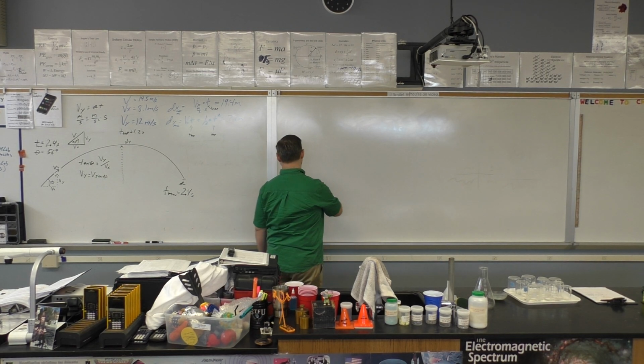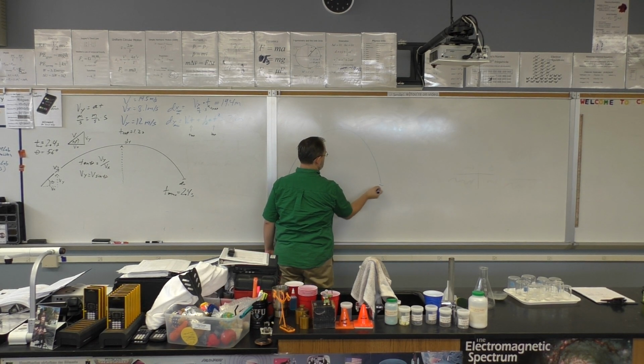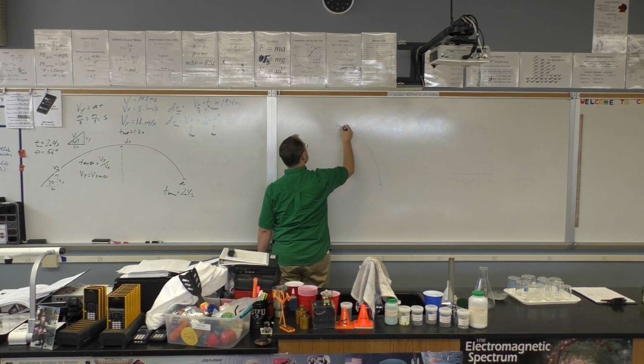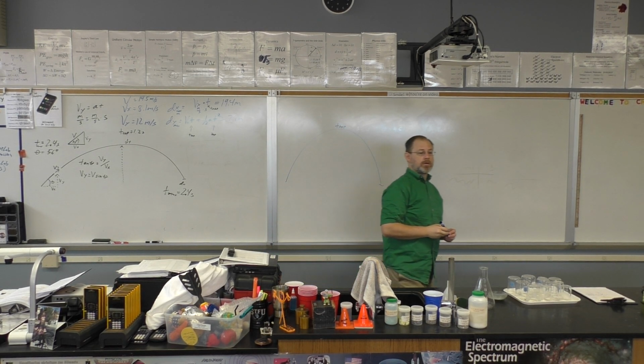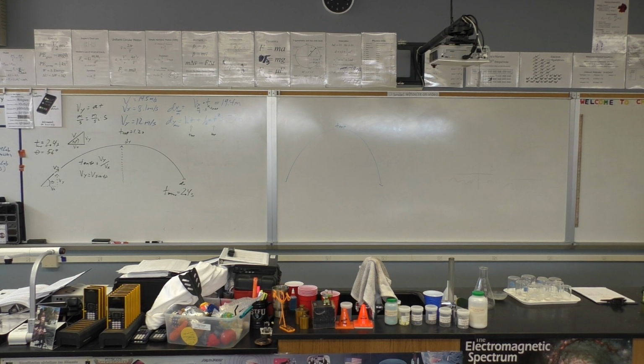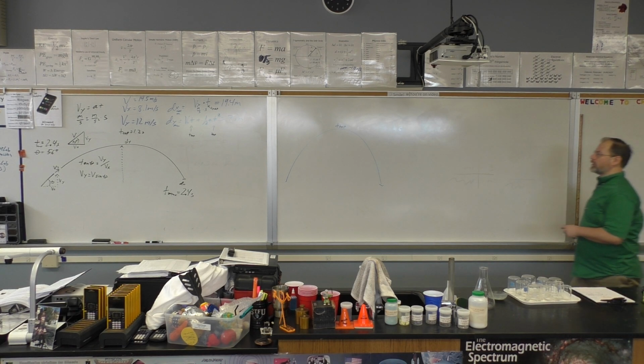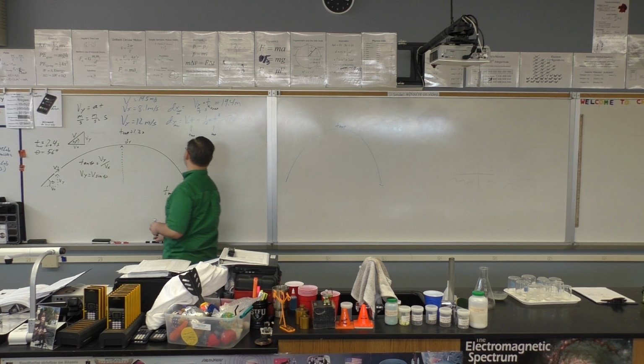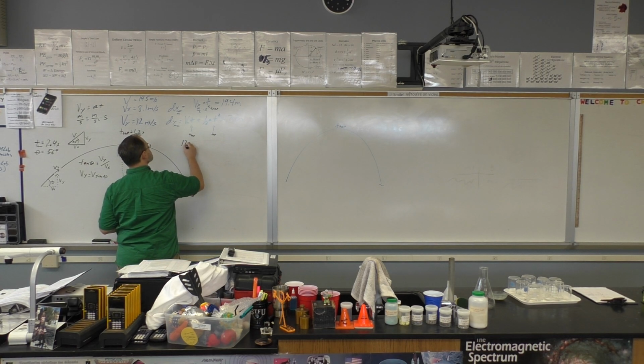I just had a question on the dy. So how did you get 7.2? We put in the time to the top of 1.2, so we did 12 multiplied by 1.2 plus 1/2 negative 10 times 1.2 squared.